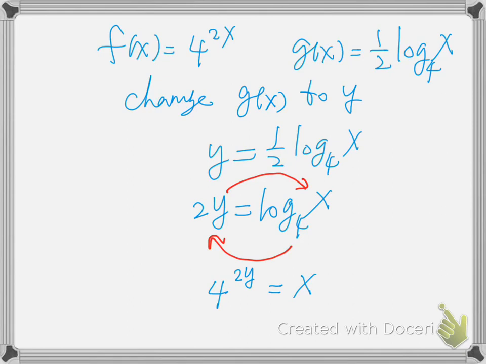Now the last step, change x to f inverse of y. Sorry, it's not f inverse, it should be g inverse. We're talking about the function g inverse of y. So now you compare f and g inverse. They are the same function. So f is g inverse.